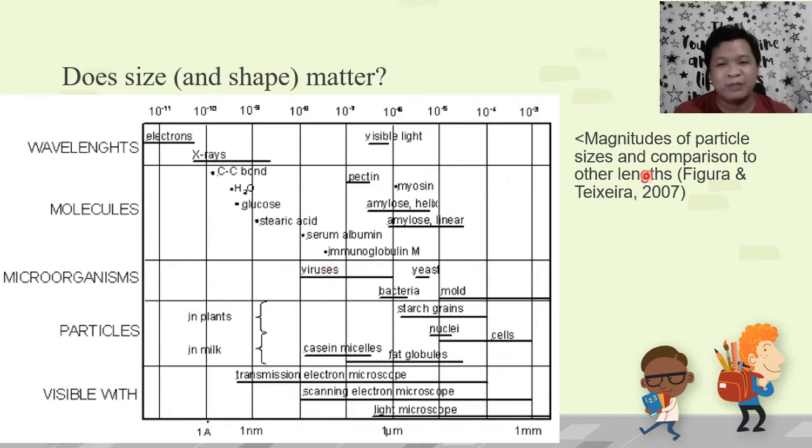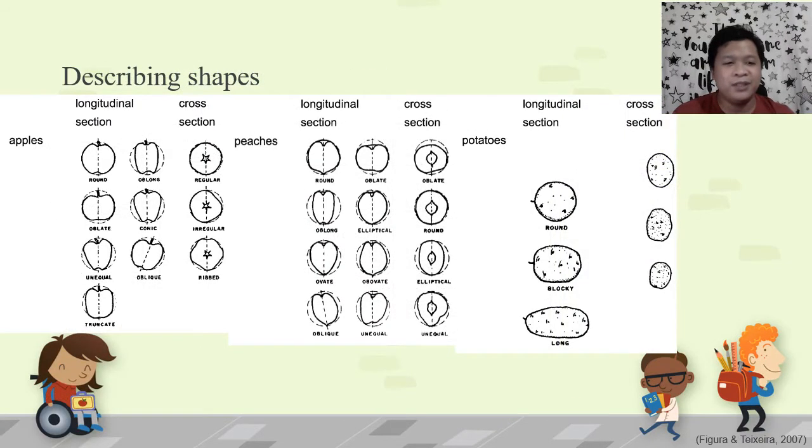Also coming from yung medyo mas malaking sizes like actual pieces of fruit. So here you can see examples of adjectives that you can use to describe the shape of certain fruits. So nag-sensory evaluation naman kayo, descriptive analysis, so you probably know how to use these, no? So as you can see, for example, for specific fruits, apples, apples can be described by shape as either round, oblong, oblate, conic, unequal, oblique, or truncate, and so on.